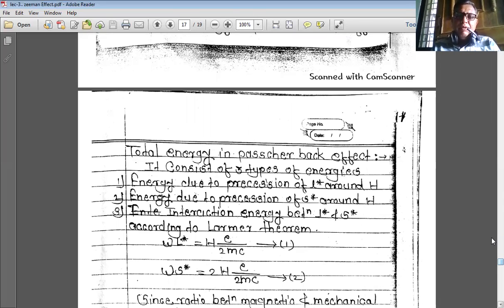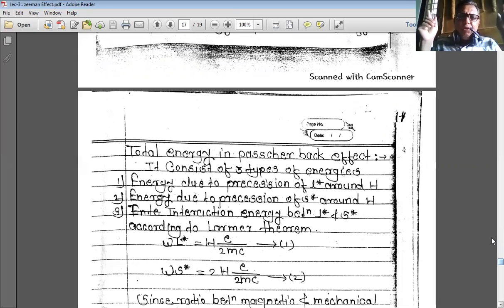Okay, it consists of three types of energies. They are as follows: energy due to precession of L star around H; second, energy due to precession of S star around H; and third, the interaction energy between L star and S star.